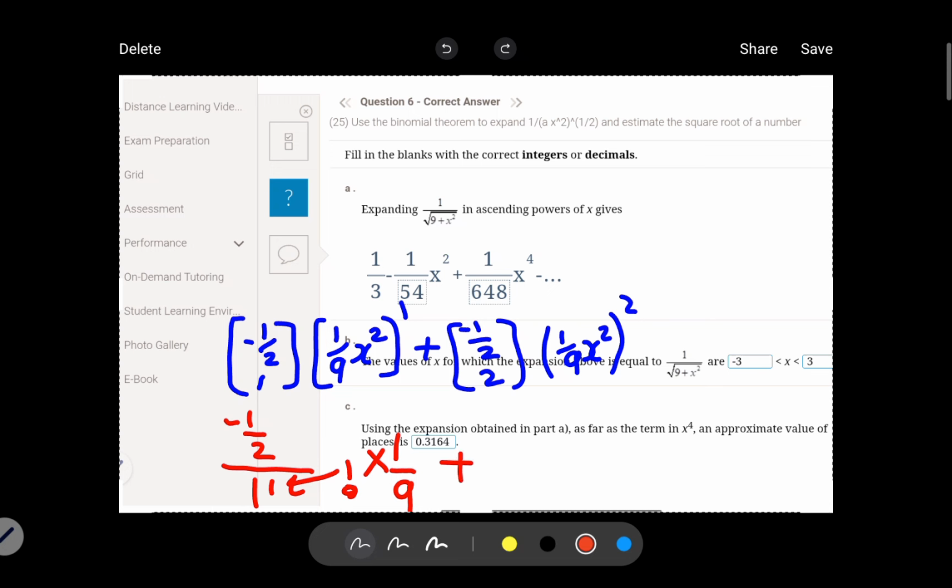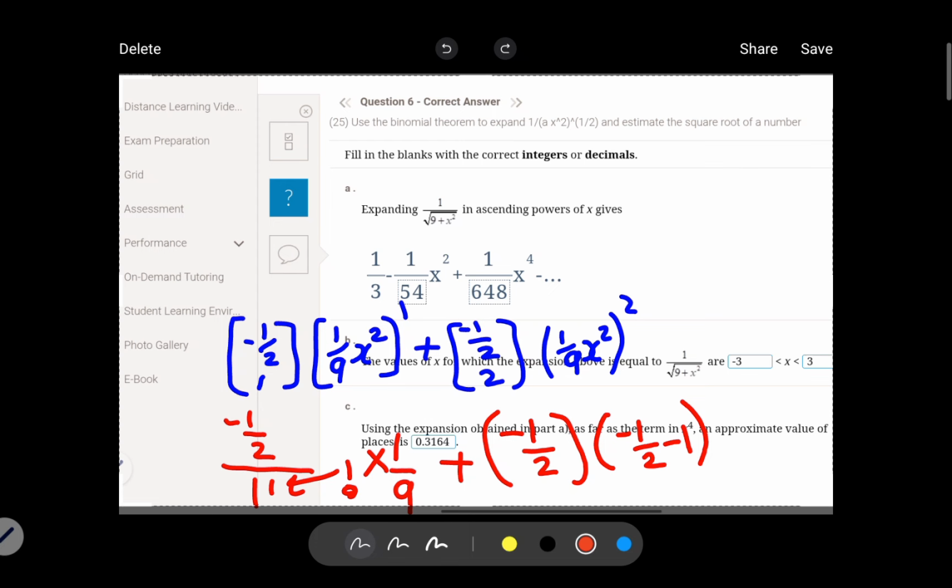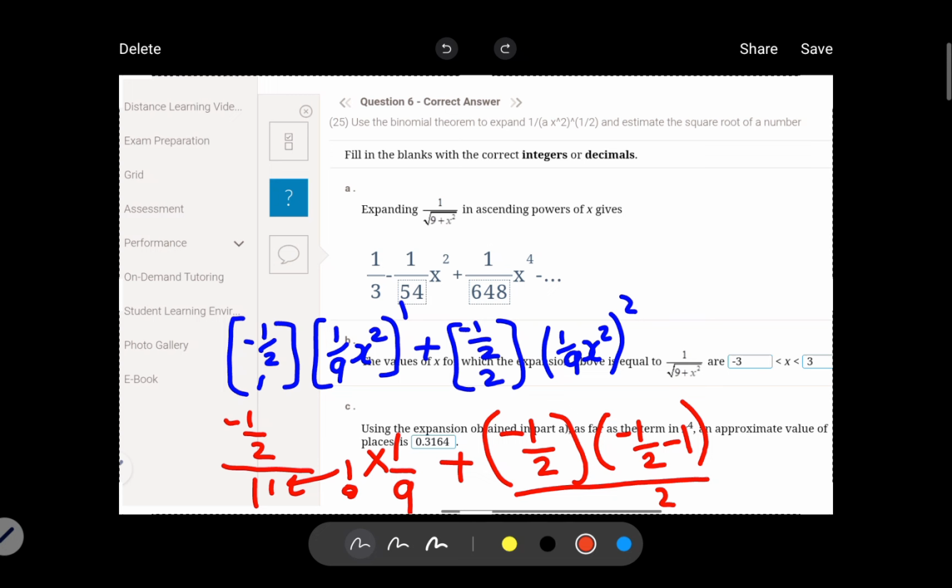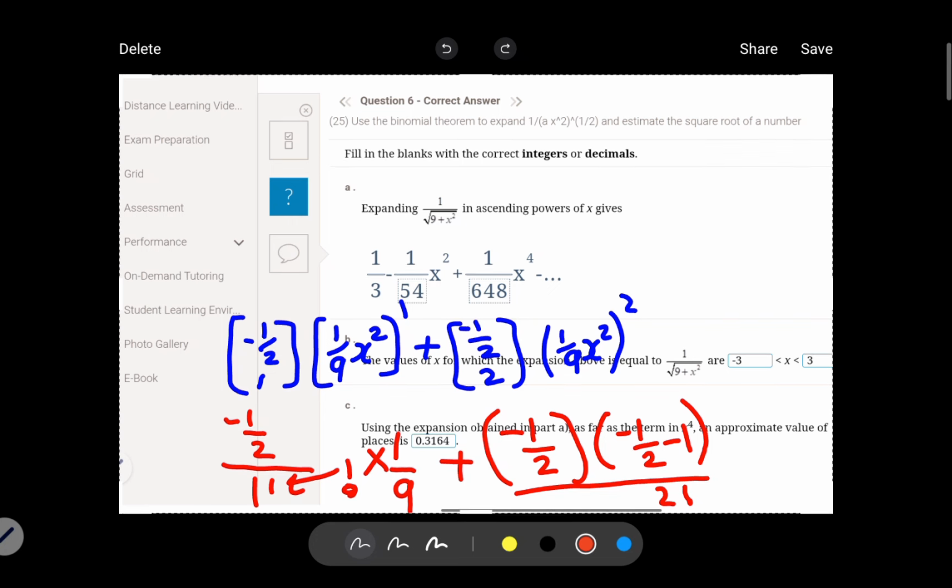Plus negative 1 over 2, okay, bracket, and then another negative 1 over 2 minus 1, okay, all over 2 factorial. This is factorial again.